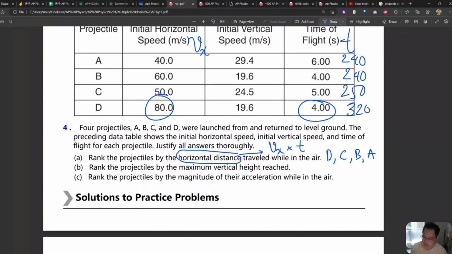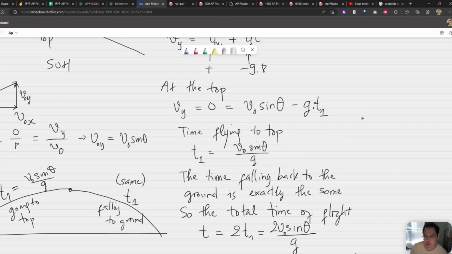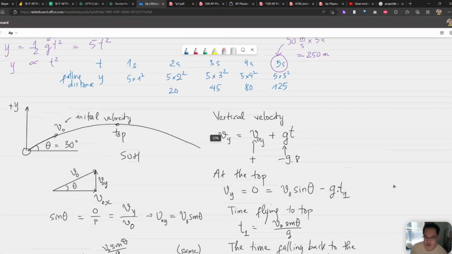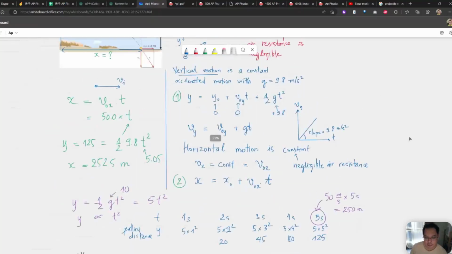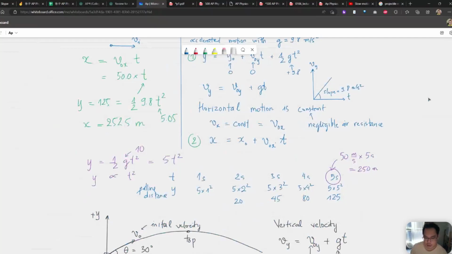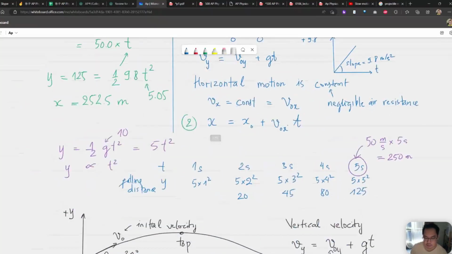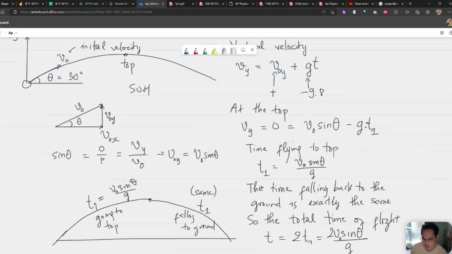Rank the projectiles by maximum vertical height. So how does this maximum vertical height relate to the initial, relate to which one? Initial horizontal speed or initial vertical speed? Vertical. Go back to the note that you took about the projectile. The maximum height will relate to the time it flies to the top, which is T1 time.